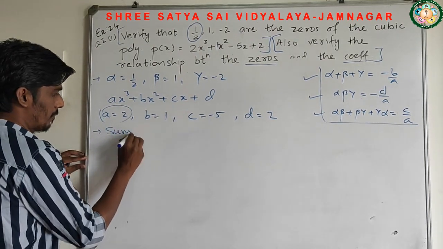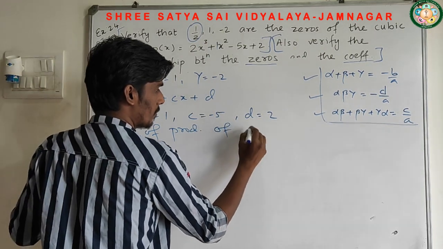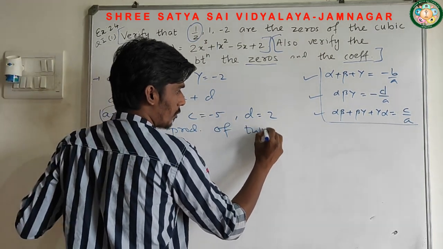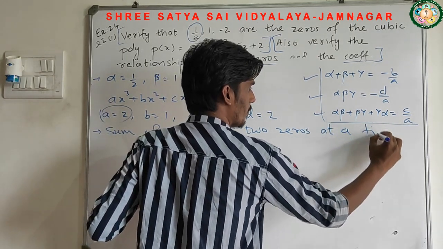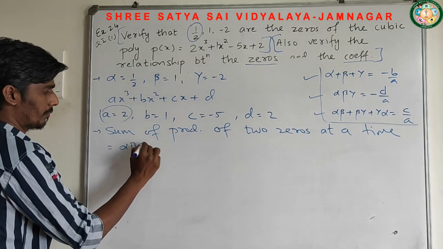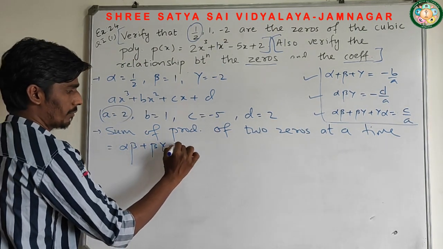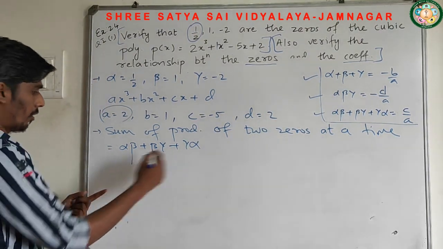It's the sum of the product of two zeros at a time. This is equal to alpha into beta, beta into gamma, and gamma into alpha. Now take all the values.